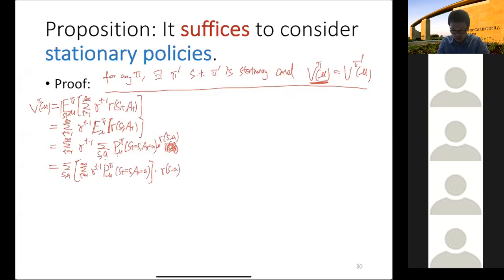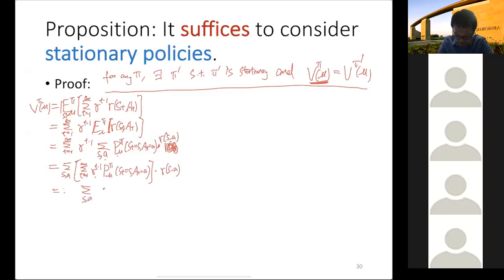What this means is that this is in some sense the average frequency of this policy visiting the state-action pairs throughout the entire trajectory, but it is discounted by this gamma. So this is what we call the sum over SA.